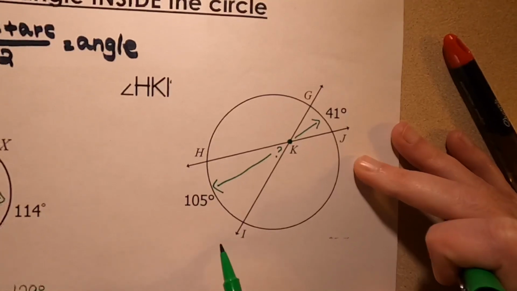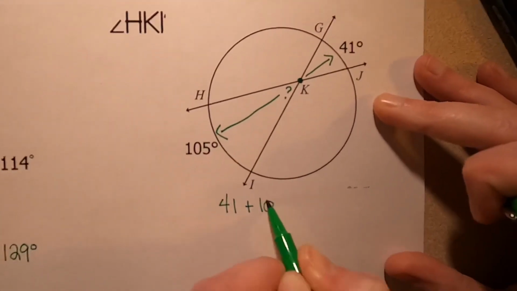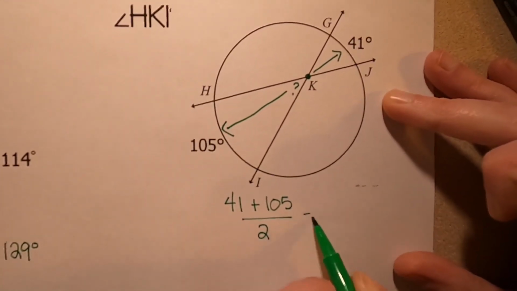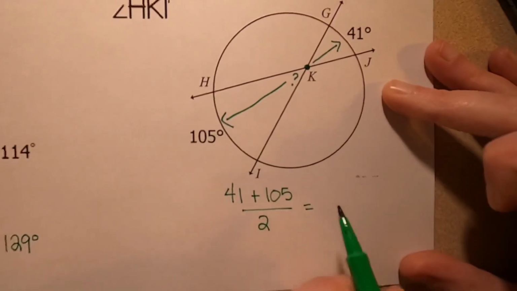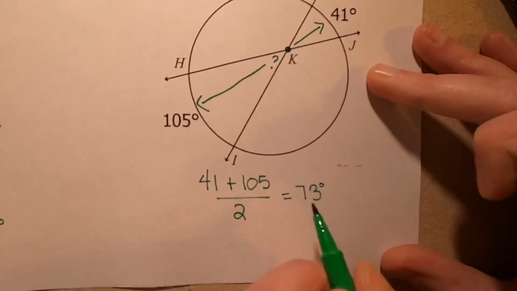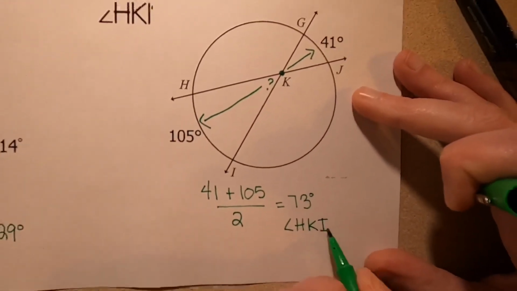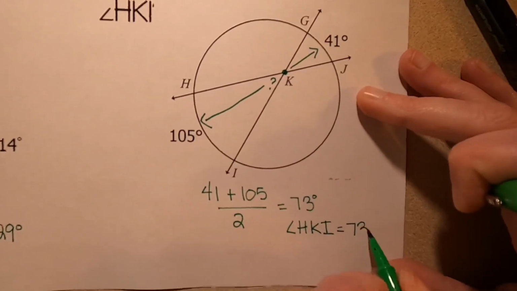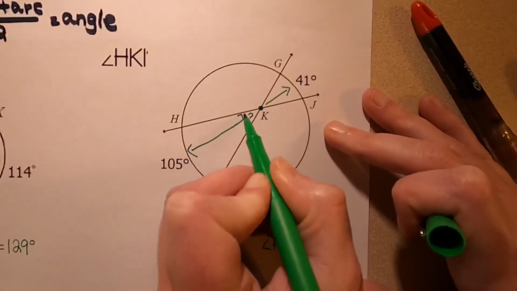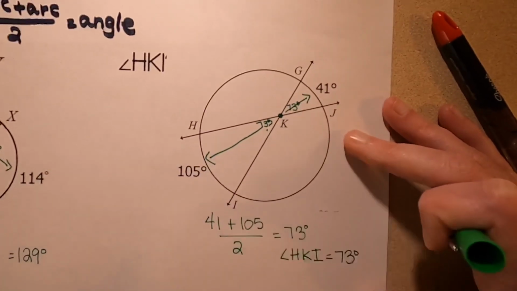So I'm going to say 41 plus 105 divided by 2. Put all that in my calculator and I get 73. That means angle HKI is equal to 73 degrees. This angle right here, 73 degrees, which makes this angle right here 73 degrees on the inside as well.